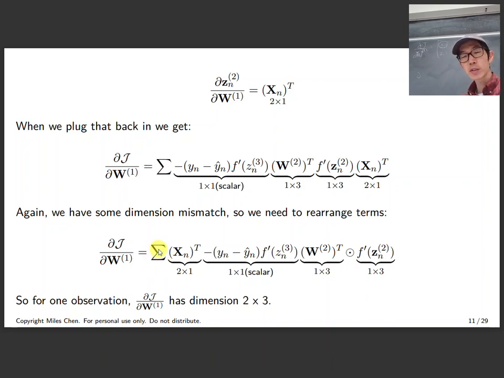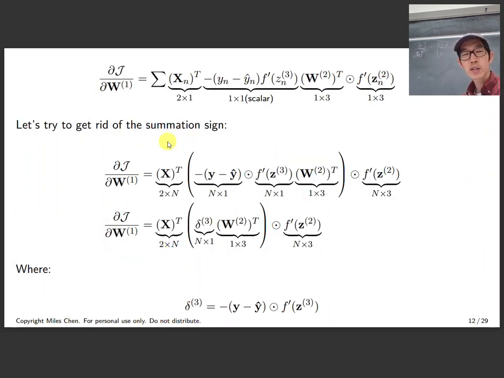And we can get rid of the summation sign using matrix multiplication. If I get rid of this summation sign and the subscripts, instead of looking at just the nth observation in X, if I take the entire matrix of X, I get a 2 by n matrix. If I take the entire column of Y values instead of just the nth value, that's going to expand out to be an n by 1.